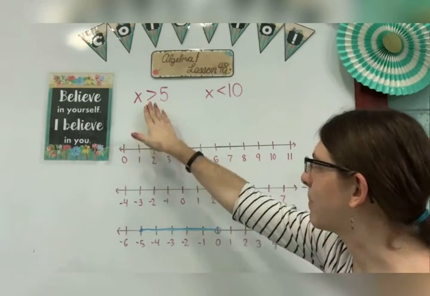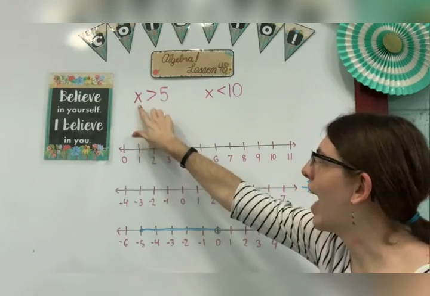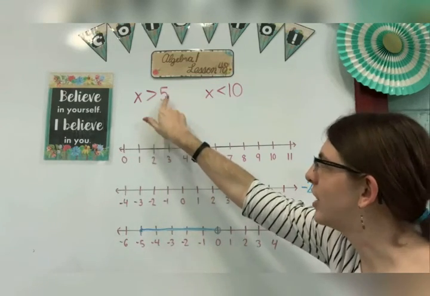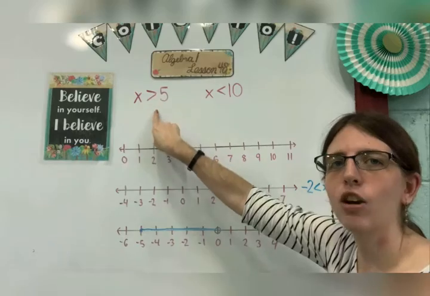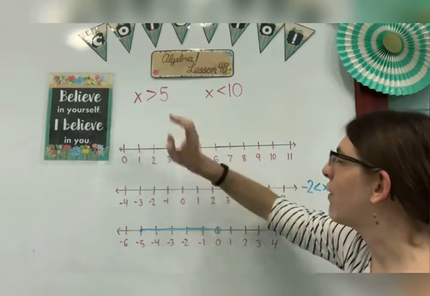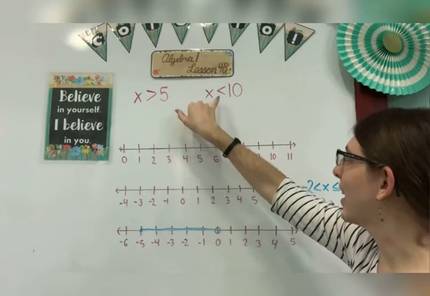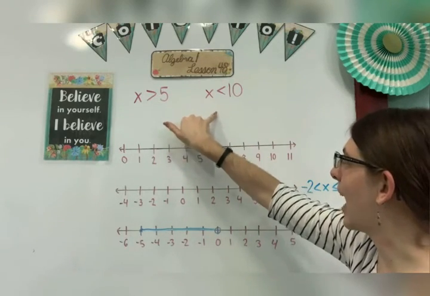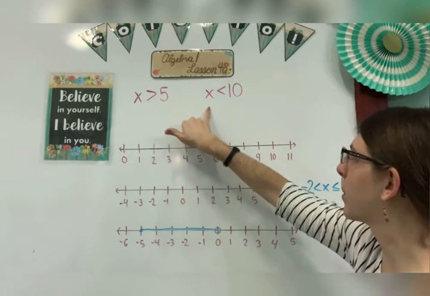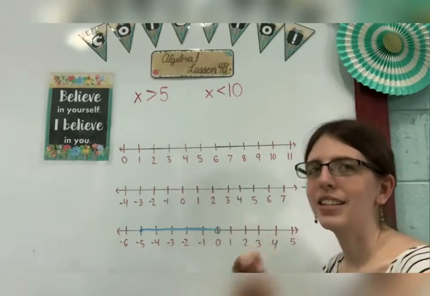So let's say, for example, look at this. I have x is greater than 5. This is showing all the numbers that are greater than 5. If I want to show all the numbers that are less than 10, I would write that as x is less than 10, because x includes any number that is less than 10.